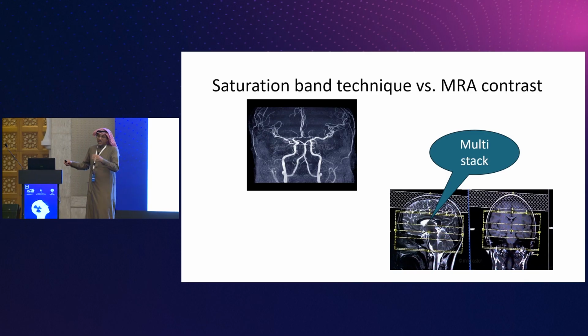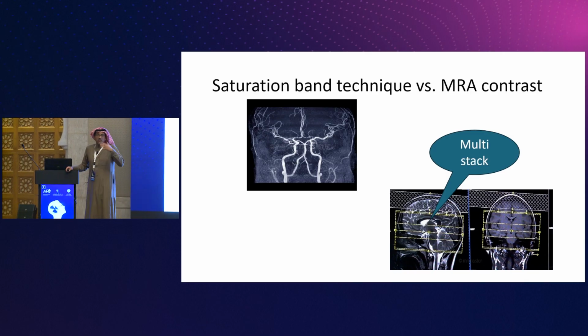So whenever you need to increase the coverage for MRA, don't increase the slices. Increase stacks. It's 4, make it 5. And if it is more than needed, make them less. Instead of 40, make them 35. And that will make you not waste more time in unneeded area. But do not increase slices.